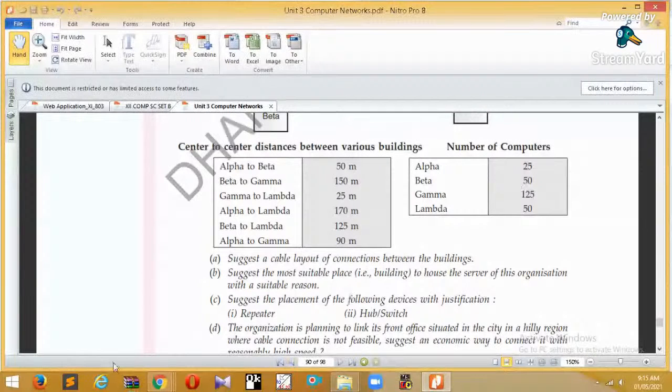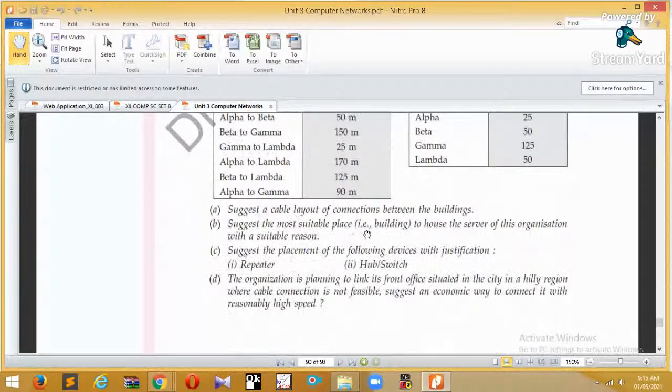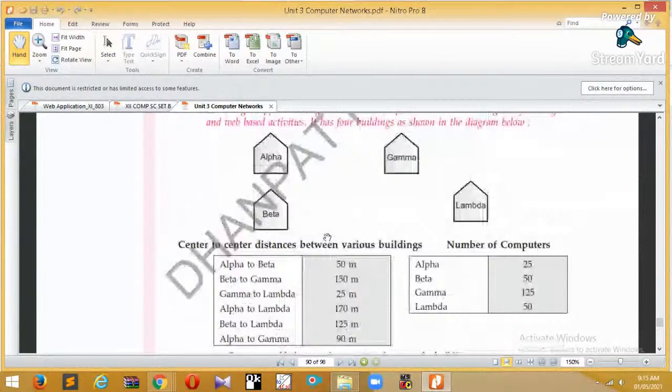Now let's see the other questions. Suggest a cable layout of connections between the buildings. Cable layout means architecture, how we can connect these buildings.